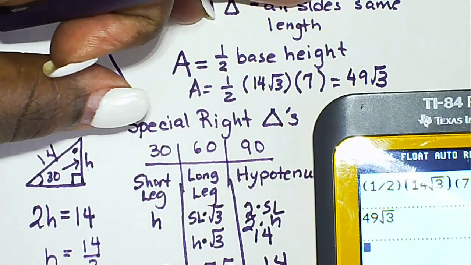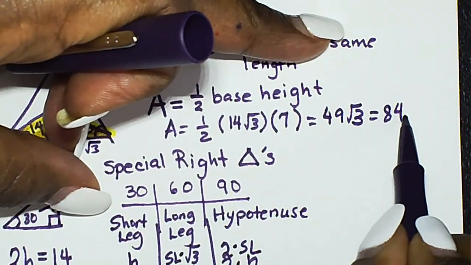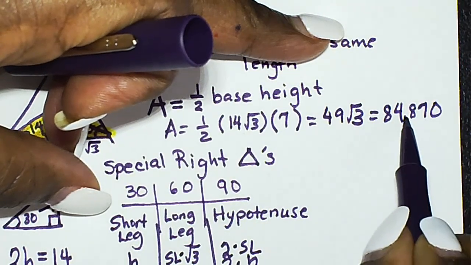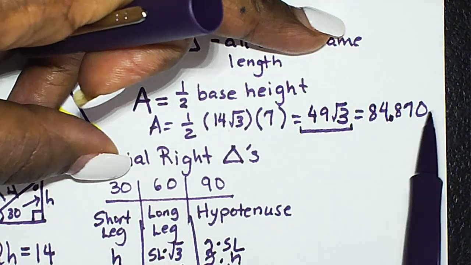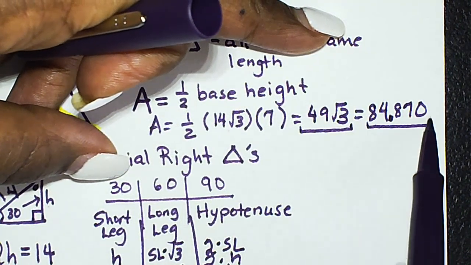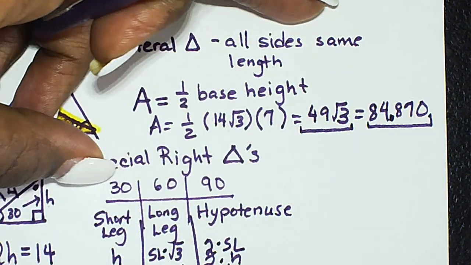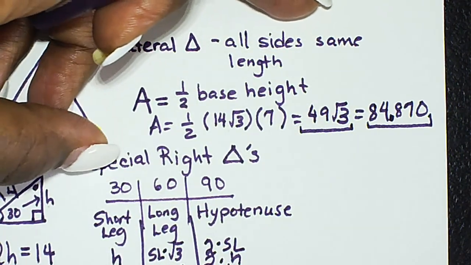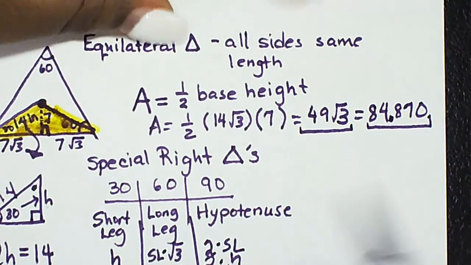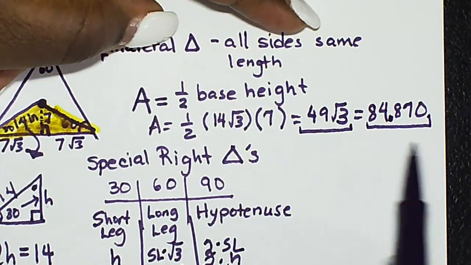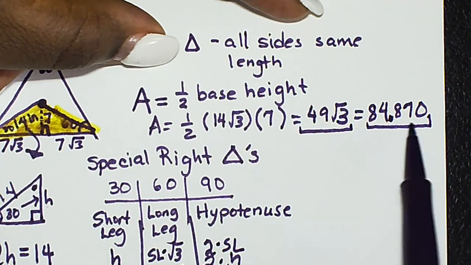So 49 square root of 3 is the same as 84.87. Which one would a scientist rather use? We'd rather use this quantity because it's more precise. This one I've just truncated down, and now my numbers can be off, because the more decimal places, the more accurate your answer is. But you have to just look at what they're asking for. This is just a simple area problem, so I'm okay with using either one of these.